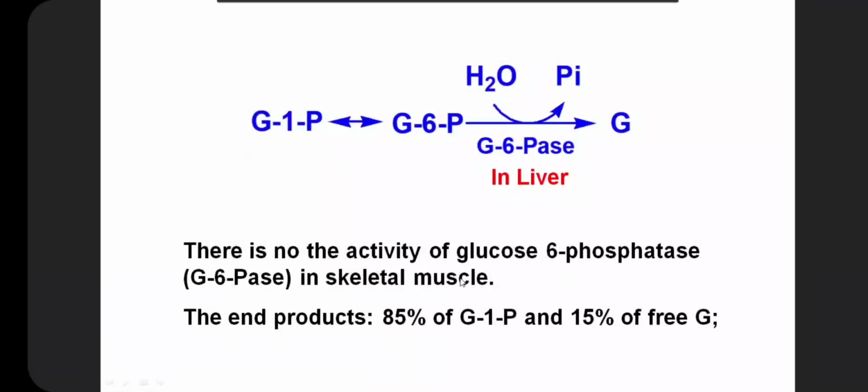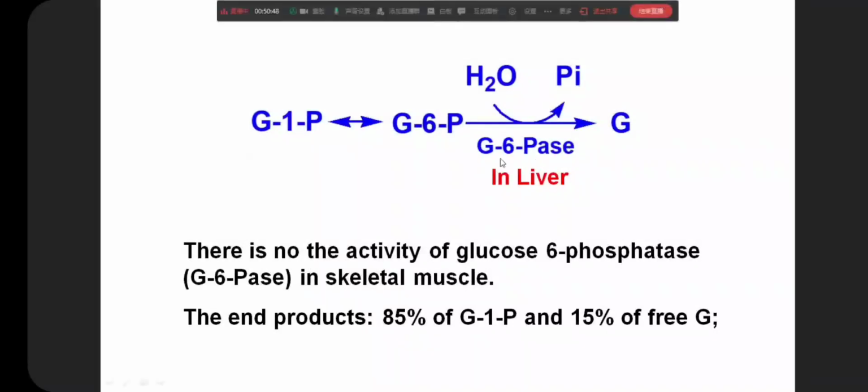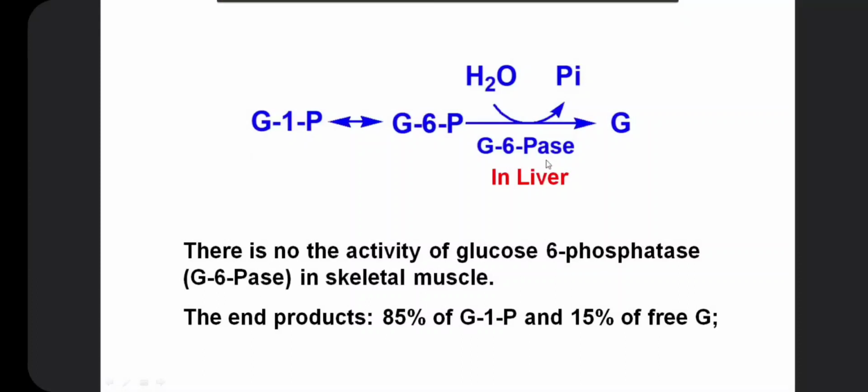How about in the muscle? The muscle cells have very low activity of glucose 6-phosphatase, so they cannot convert glucose 6-phosphate to glucose. So the glucose 6-phosphate from muscle glycogen can be metabolized by the muscle itself by entering the glycolysis pathway. Okay, so this is glycogen catabolism and synthesis.